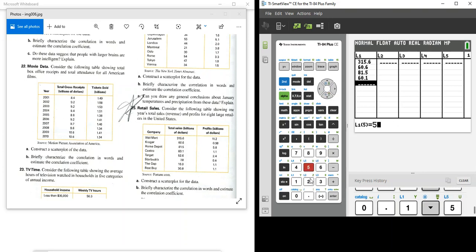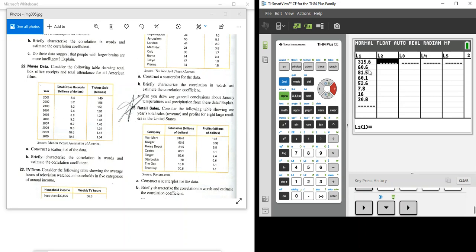And then 7.8, 16, and 30.8. Okay. And again, these go in this first column here.